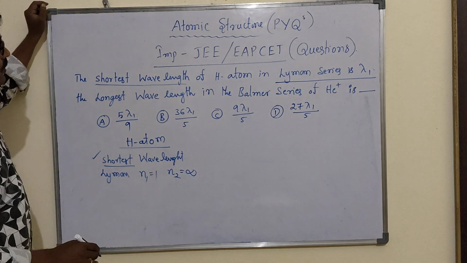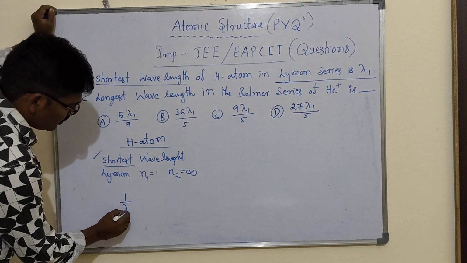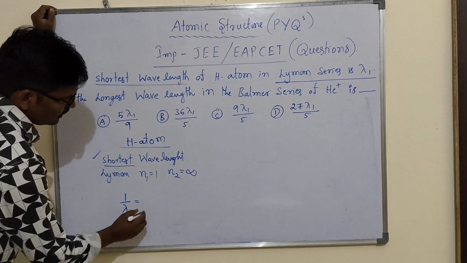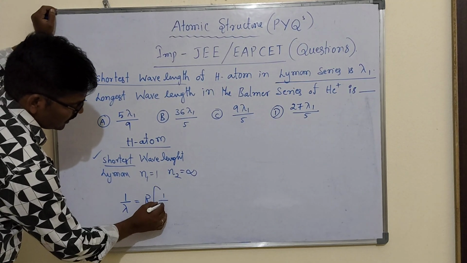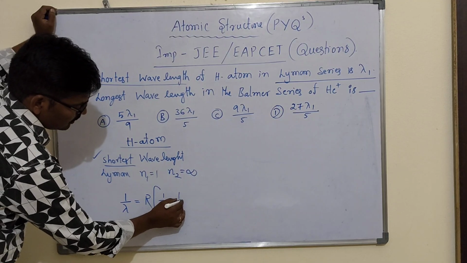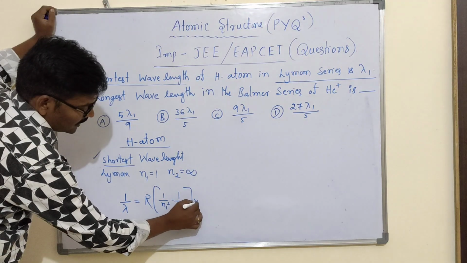Then the formula to calculate the wavelength, we know that 1 by lambda equals Rydberg constant R into 1 by n1 square minus 1 by n2 square into Z.